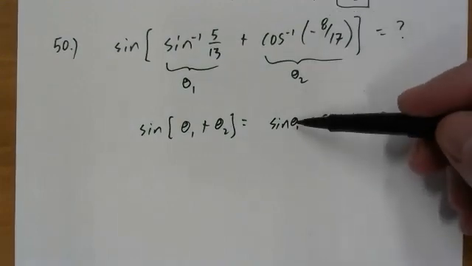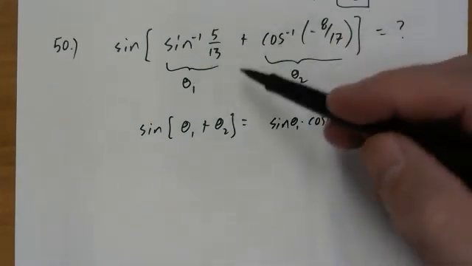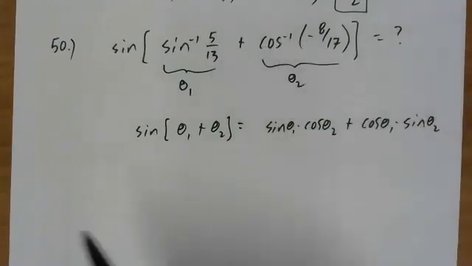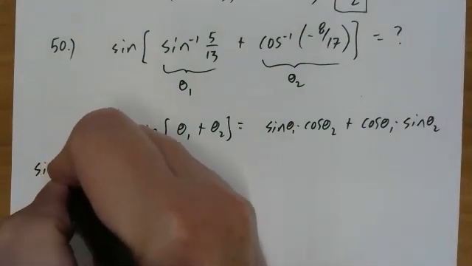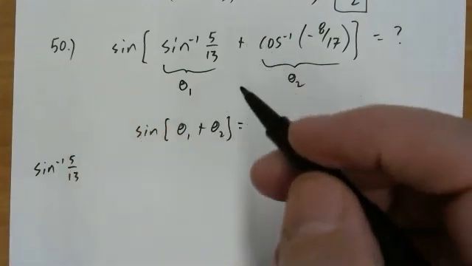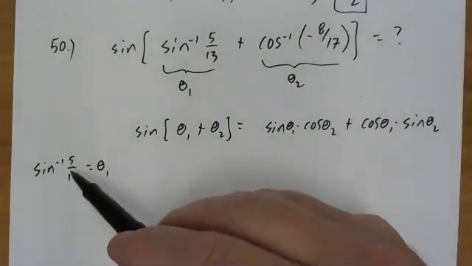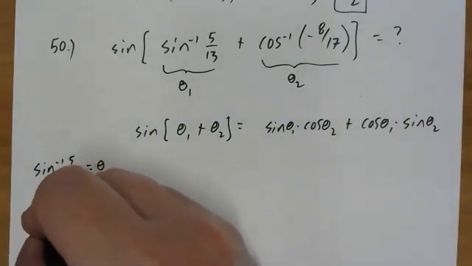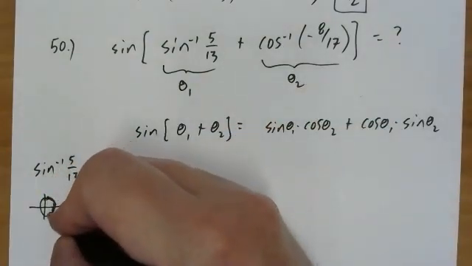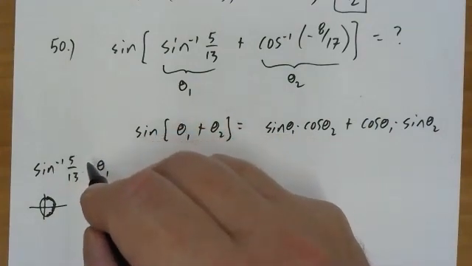Now I just need to figure out what are the trig functions for these two angles here. Now, this may be a little confusing, but let's think about what we have when we're looking for the inverse sine of 5/13, and we're calling that theta 1. In our heads, we say, let's try and find an angle in the allowed region, an angle where the sine is 5/13.